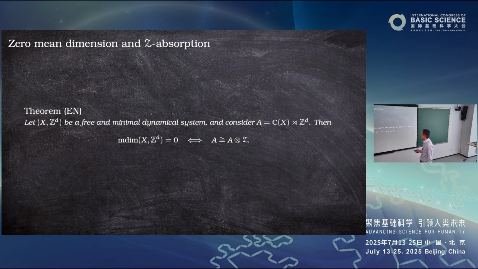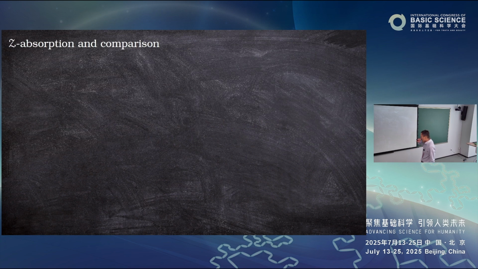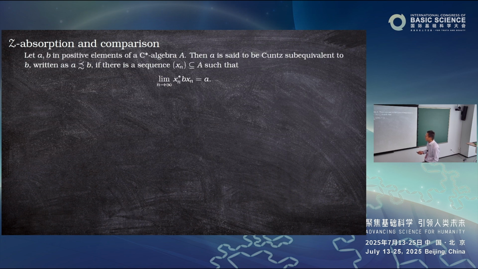Why is that? So here is roughly some idea why there should be a connection. Z absorption turns out to be very closely related to dimensions, or sometimes the comparison property of the C-star algebra.